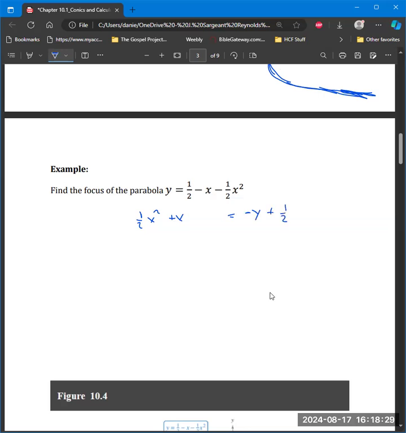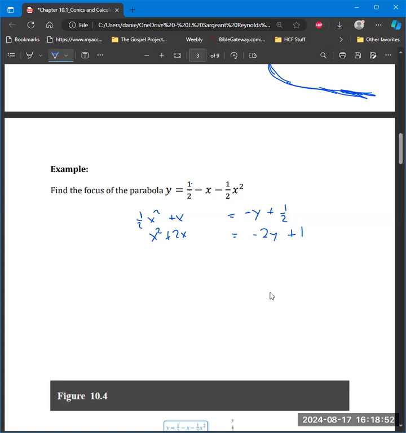I left that constant on that side, moved these two x values over, moved the y over there. I don't want this 1/2. I want to get rid of it so that there's a coefficient of 1 there. So I'm going to multiply everything through here by 2. x squared plus 2x equals negative 2y plus 1.